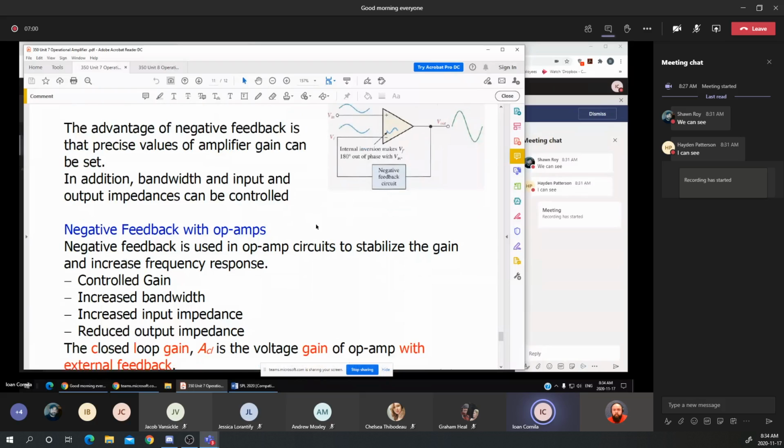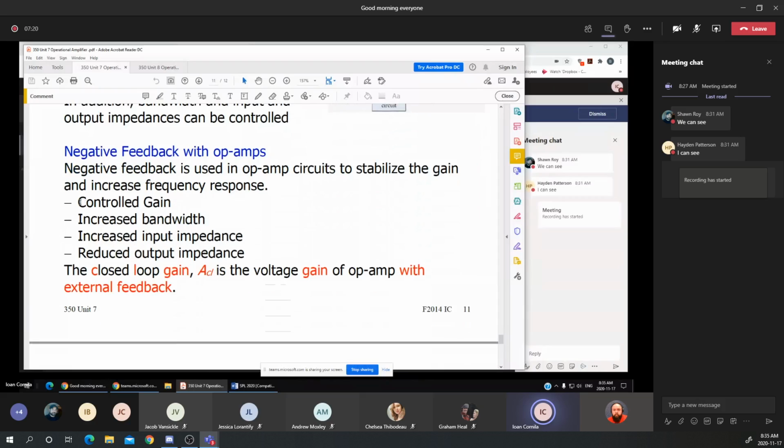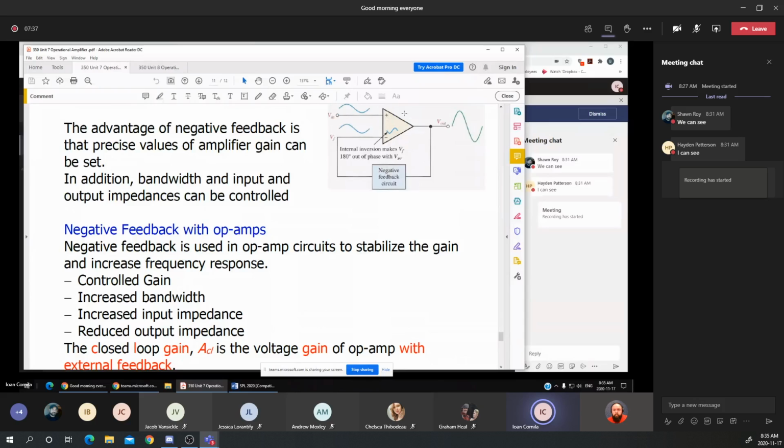Now, to remind you about the op-amps that have an external feedback network or feedback circuit, those are the advantages of an external or negative feedback for the op-amps. We have precise gain control. Remember that the open-circuit gain provided by the manufacturer is about 200, or in this range.